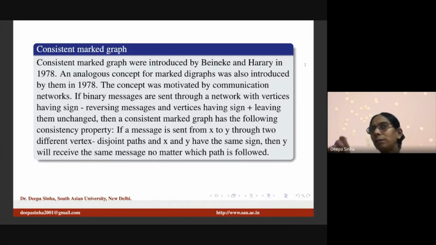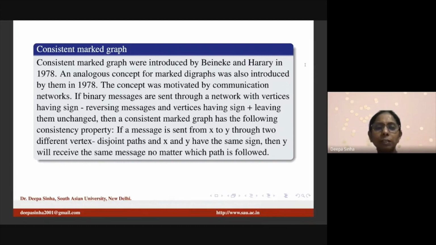then if I mark the mentality of the people, positive mentality by plus and negative mentality by minus on the vertex, where vertices are representing the people, and if the binary message is sent through this network, then what happens is that vertices having negative marking have the tendency to reverse the message, and vertices having plus will leave the message as such.